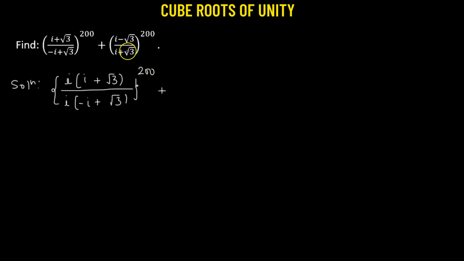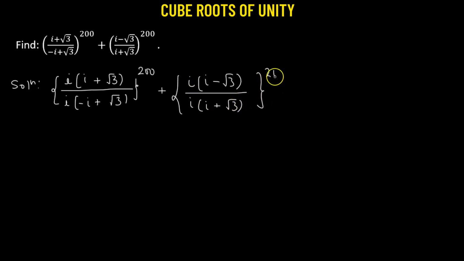Added to. Similarly, for the second term, we'll multiply i to both the numerator and the denominator. So we have i times (i minus square root of 3) divided by i times (i plus square root of 3), whole raised to the power of 200.